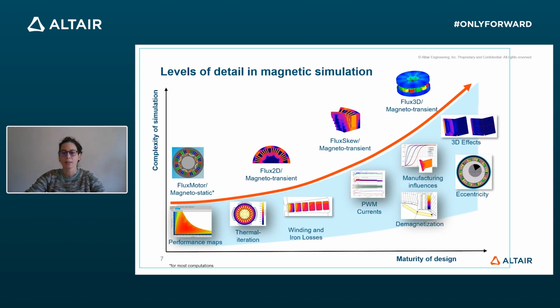Within Flux then, that is the finite element electromagnetic Altair tool, we are able to go one step further from FluxMotor with more capabilities and more freedom on the simulation we want to perform. This includes many types of analysis, as we can see in particular advanced types of results, such as 3D effects. So the Flux model can be easily exported from FluxMotor, and this can help us a lot.